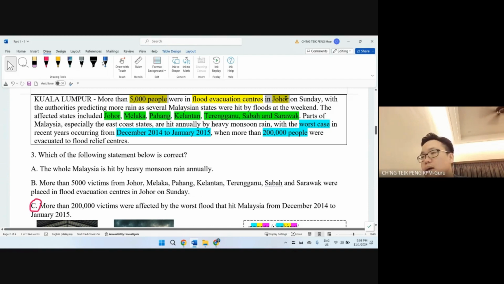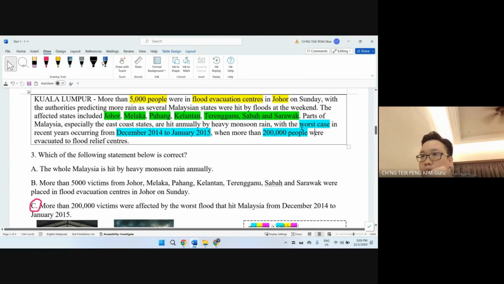And then the text tells you monsoon rain might hit other states, including Johor and these states. Understand? So we do not know the total number of victims. All we know is there are 5,000 victims in Johor.